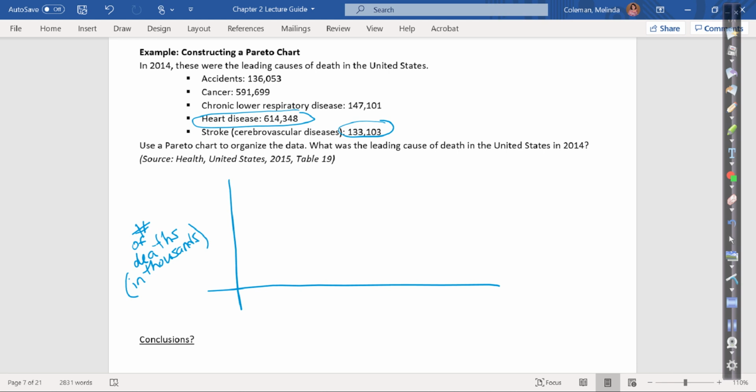The lowest would be 133,000, so that everything is not just squashed in the bottom of the chart. If I go by 70s, that's 70, 140, 210. Actually, I'm going to run out of space. Hang on.